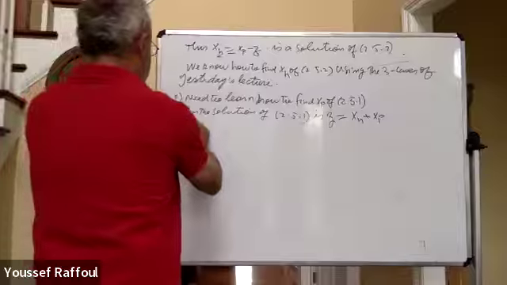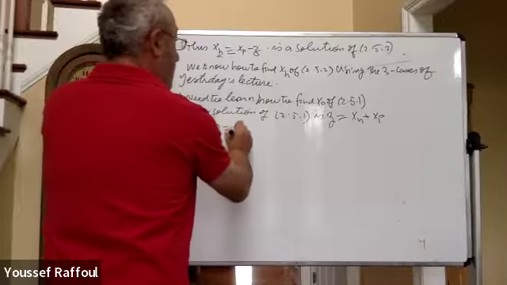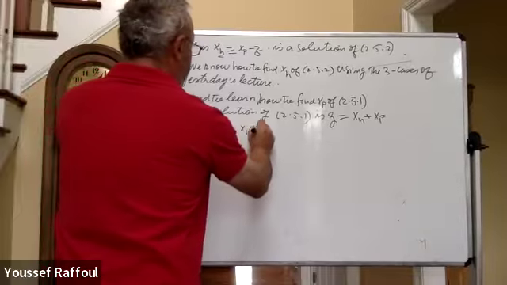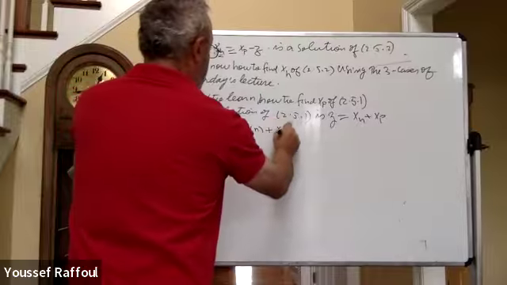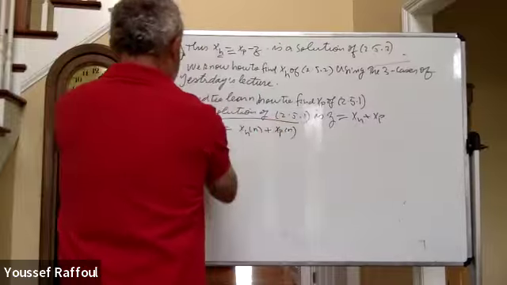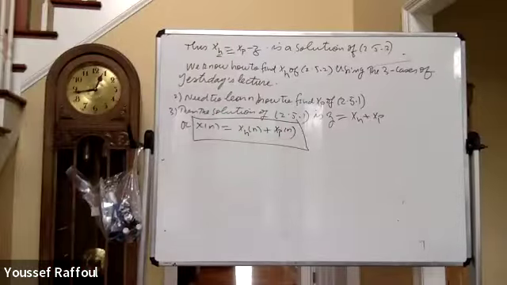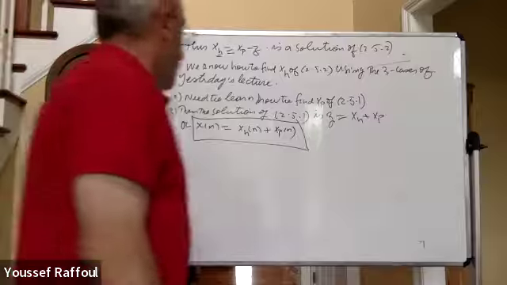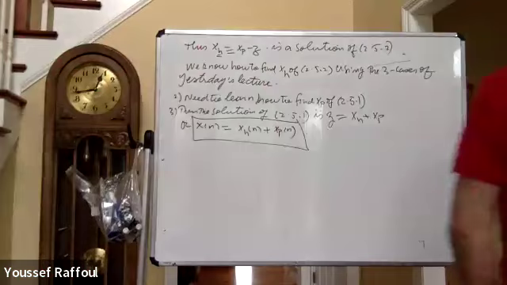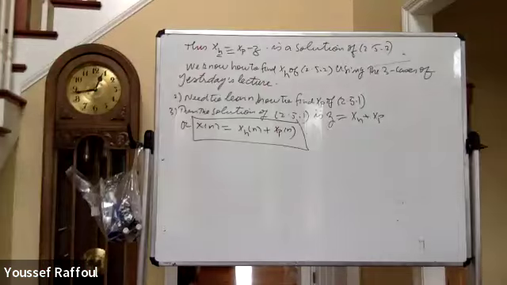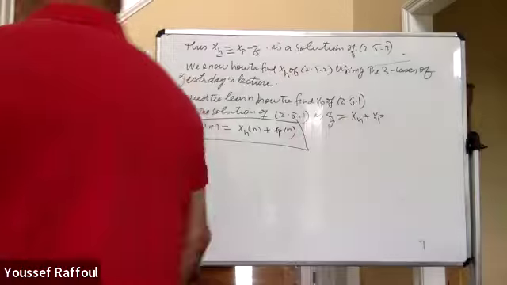Or x_n equal x_h of n plus x_p of n. That is the solution of 2.5.1. All right.